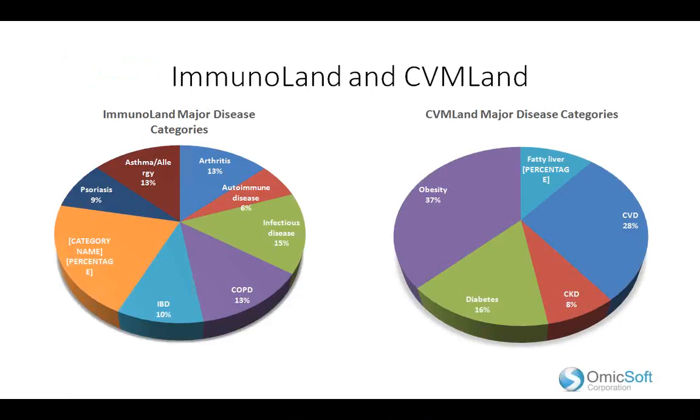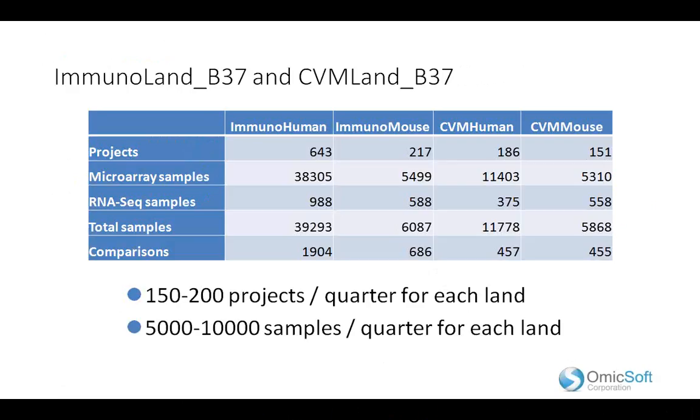These slides show you the latest collection of the data we have for 2016 quarter one, which we have already finished. For ImmunoLand, both human and mouse, we have probably 600 plus projects for human and 200 projects for mouse, including both RNA-seq samples and microarray samples.